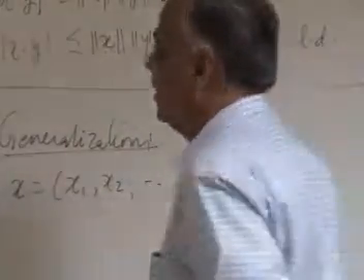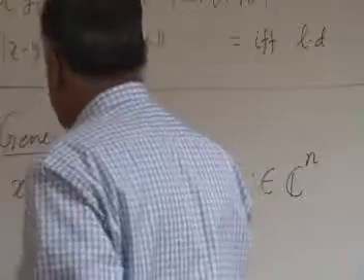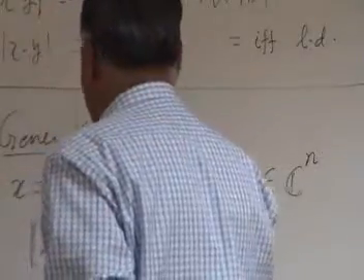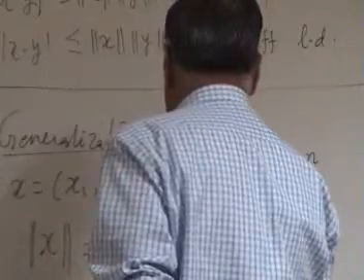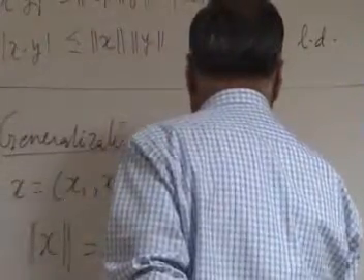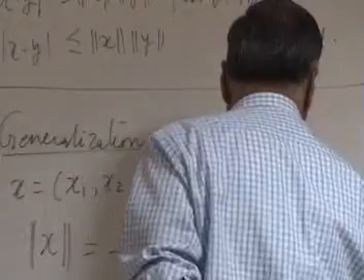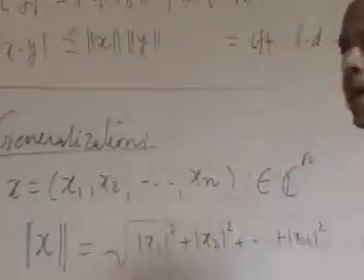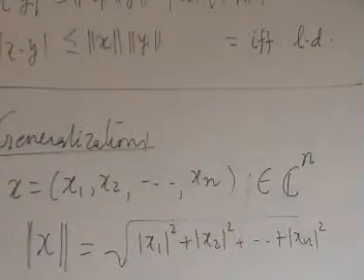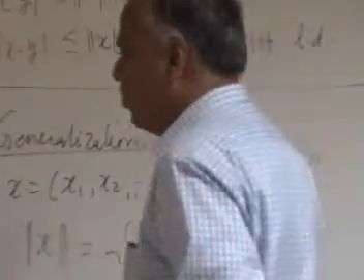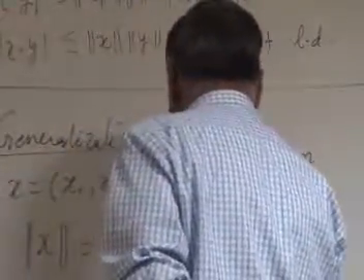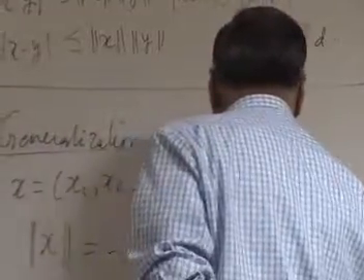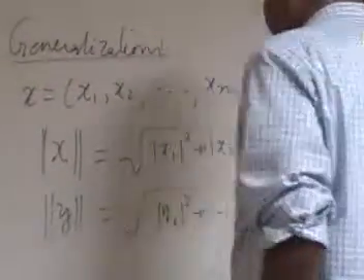complex, then define the length of x to be the square root of mod x1 squared plus mod x2 squared plus etc. plus mod xn squared. The mod I have to put because of the complex number business, but similarly the length of y will be the square root of mod y1 squared plus etc. plus mod yn squared.